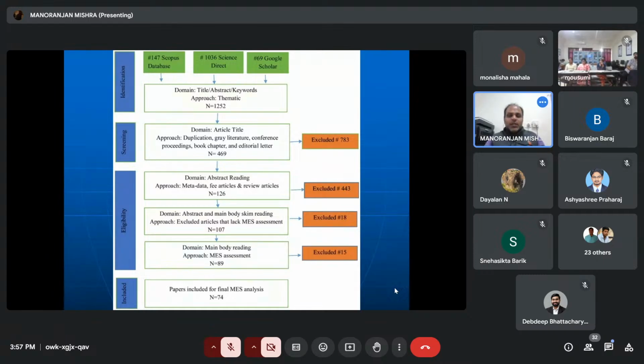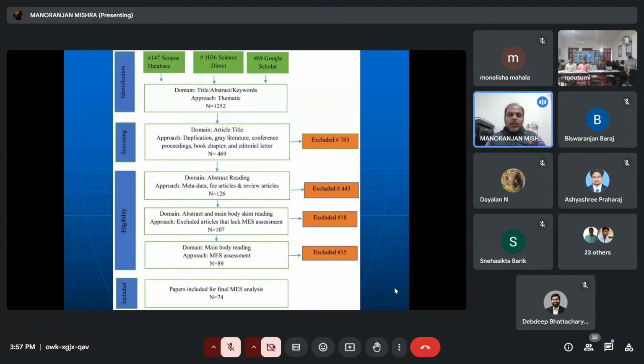Then, abstract and main body skim reading: from those 126, I get only 107 to be included, and 18 are excluded.